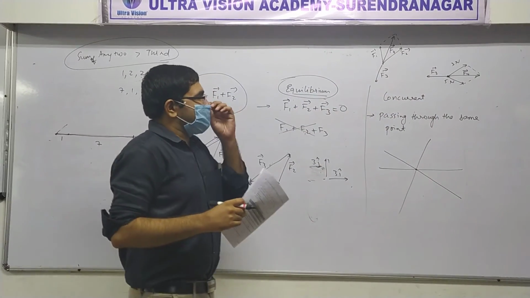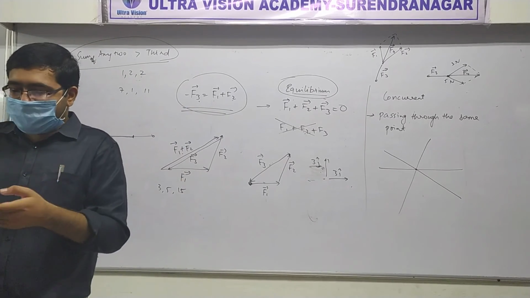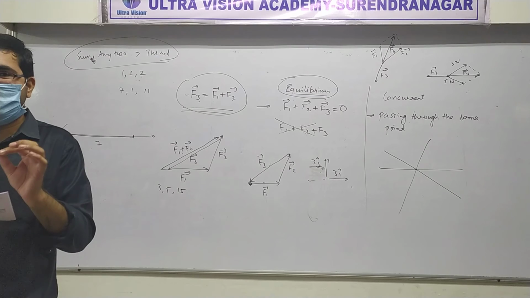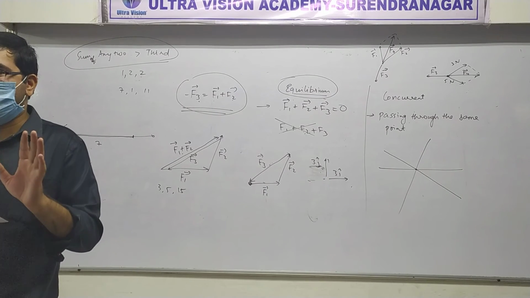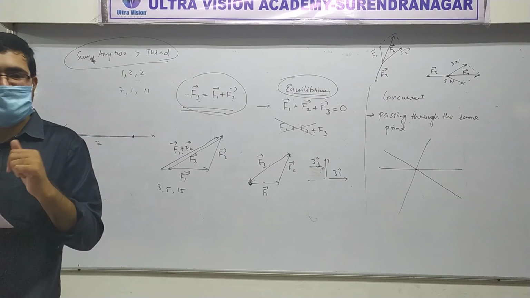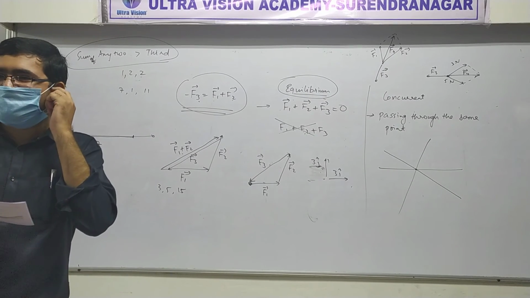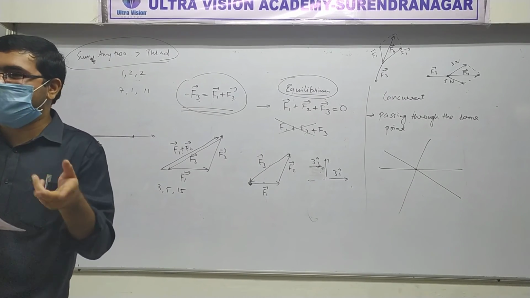So something like that should happen. Listen carefully: the maximum magnitude of 3 and 5 when you add them is 8. Why is the maximum magnitude of the resultant of 3 and 5 equal to 8?